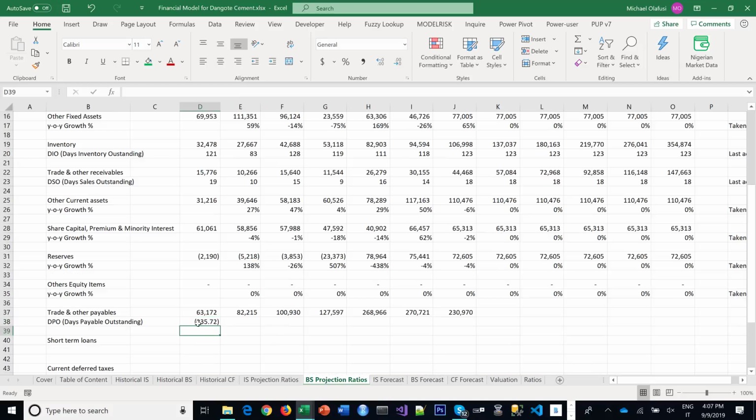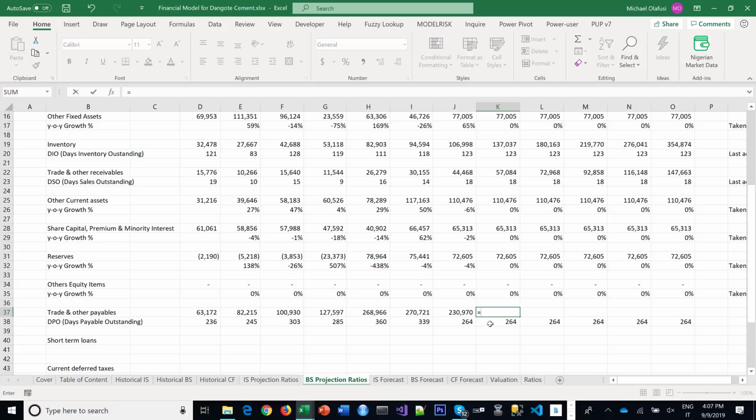Again, it comes in a negative format. I'm going to maybe put a minus to make it positive, so you see the days as a positive number. And like we did, if I do not have information about your terms of contract with your suppliers, I assume that whatever pattern you've been using in paying them is what will exist into the future.